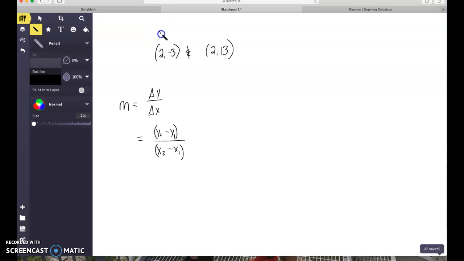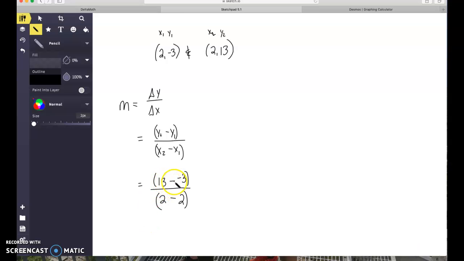So we want to identify x1, y1, x2, y2, and we can just plug and chug through. So y2 would be 13, y1, in this case, I've labeled my -3 as y1, x2 is 2, and x1 is also 2. And now at this point, I want to follow order of operations.